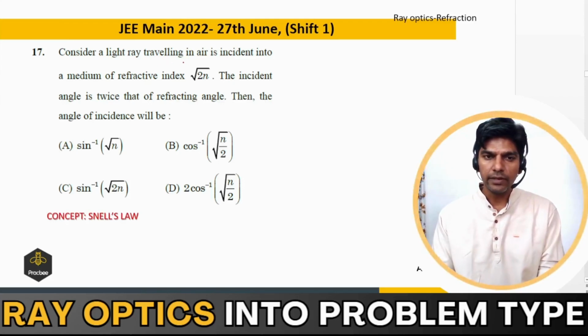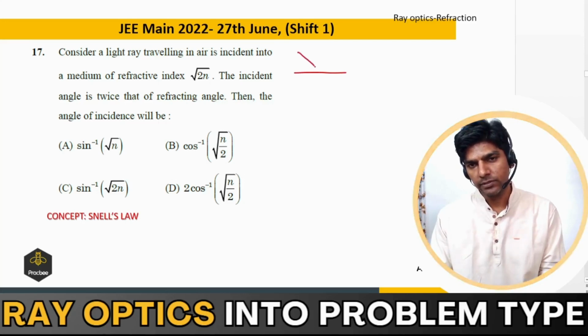So consider a light ray traveling in air is incident into a medium of refractive index root 2 times n. I think it is root 2 times n. So this n is outside. The incident angle is twice that of the refracting angle.